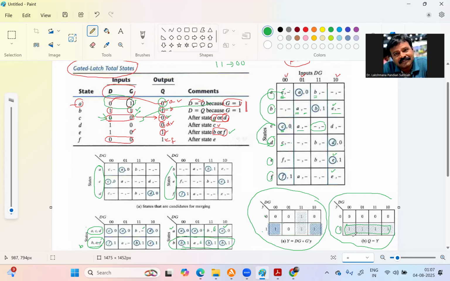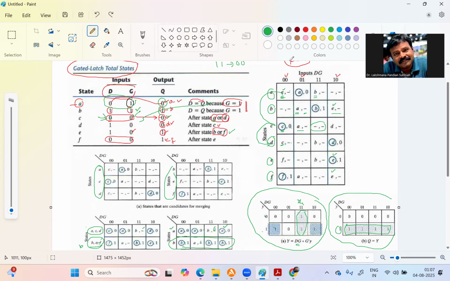Right? Here we are having now this pair and this pair. So for this pair, what is the value now? This is DG, this component. And for these two pairs, the common is Y and G dash. This is the G dash, Y and G dash.